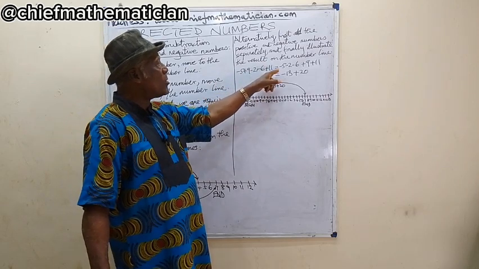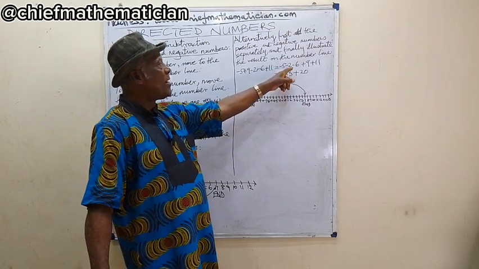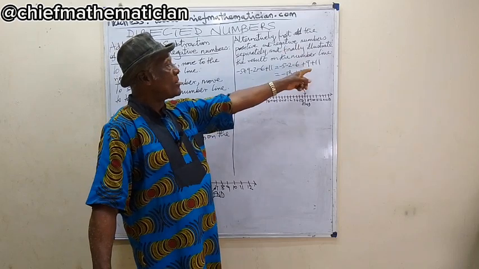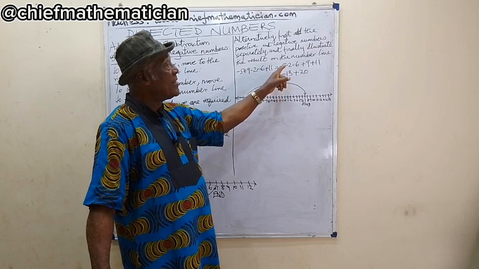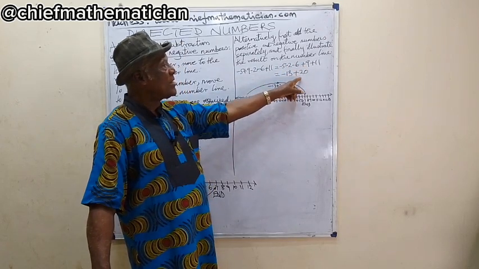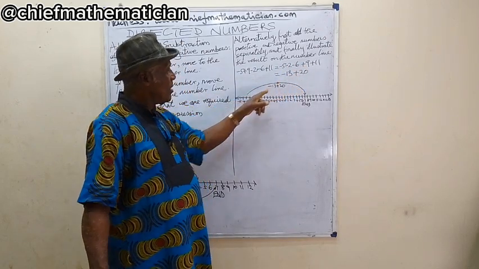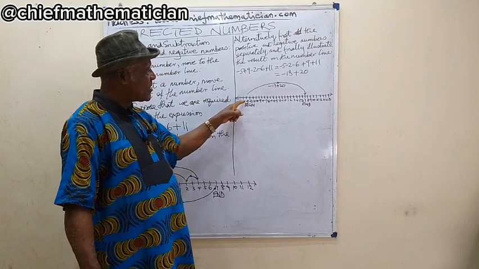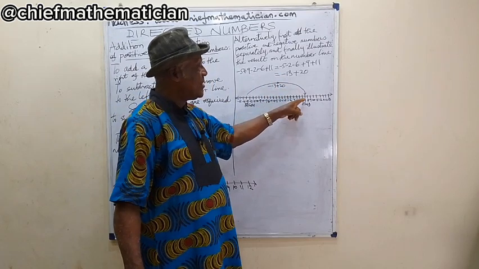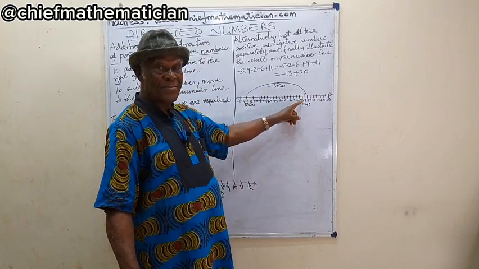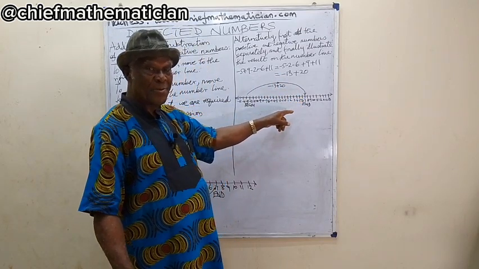You take the negative ones, minus 5 minus 2 minus 6, plus 9 plus 11. If you add the negative ones, you get minus 13. Add the positive ones, you get plus 20. Now, beginning from minus 13, you take 20 steps. Where do you land? On 7. You will get the same answer. You get the same result.